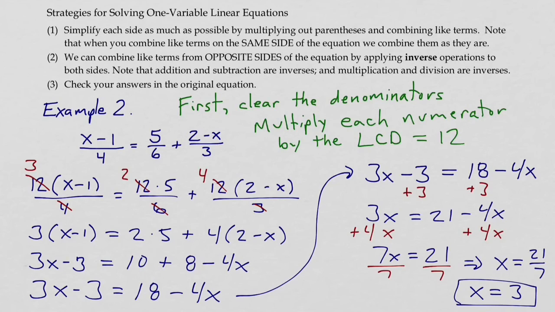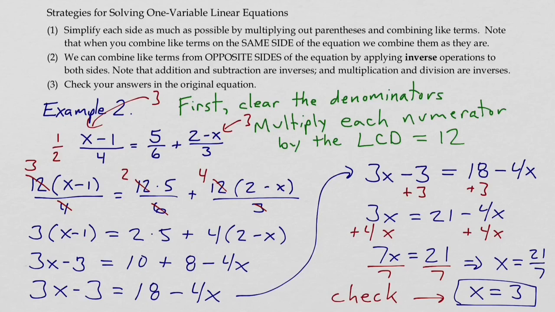Before we leave the problem, let's check. If we go back to the original equation and think about whether that answer makes sense, we're proposing that the solution is 3. So if x equals 3, does it make both sides of the equation equal to each other? Well, on the left-hand side, we end up with 2 over 4, which is the same as 1/2.